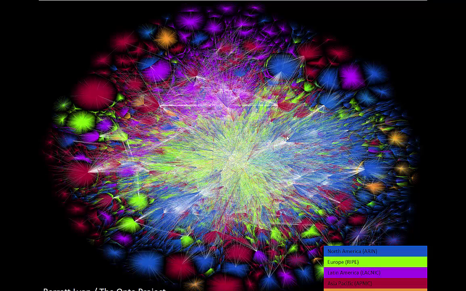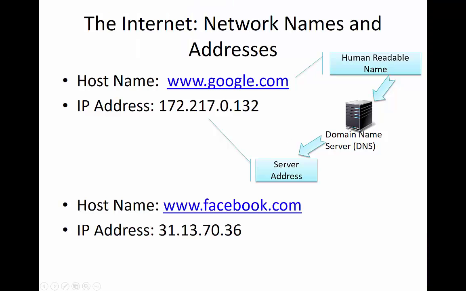When we talk about the internet, the way the computers send information back and forth is not just based on the web names, right? And computers actually don't understand the web names like Google.com or anything like that natively. So the idea here is that every computer on the network has what's called an IP address, and it's the Internet Protocol address.